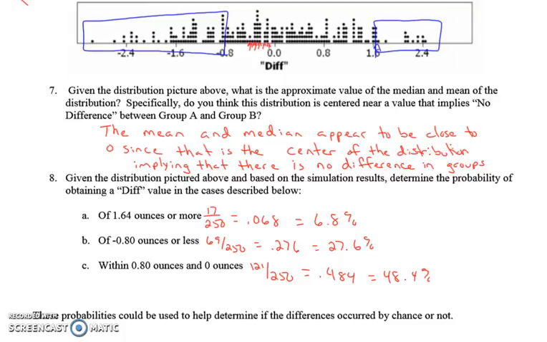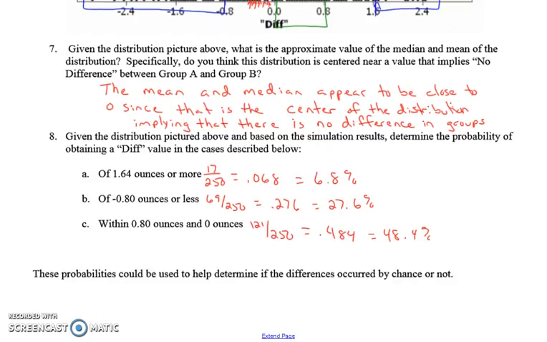So that means that 27.6% of the time, I have differences between my two groups' means of negative 0.8 or less. And then finally, I wouldn't expect you to count 121 dots, but if I were between negative 0.8 and 0, which is in this section here, I ended up having to count 121 dots out of 250, which gives me 48.4%.